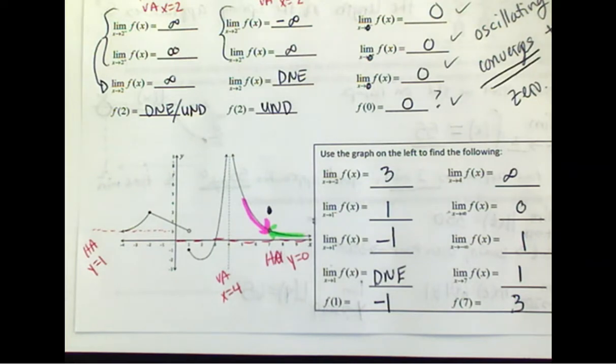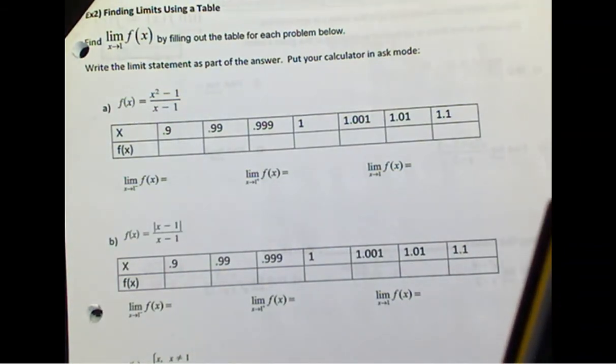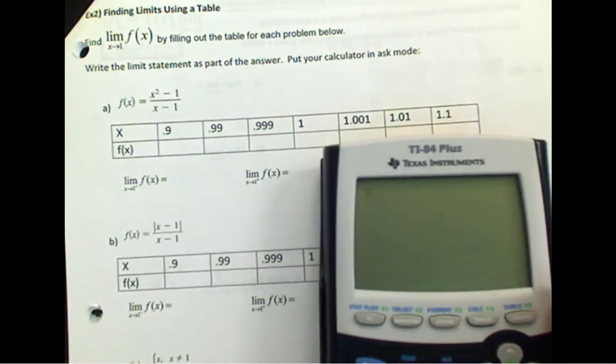This is where you're going to need your calculator. You may or may not know what that graph looks like, but it doesn't matter. Now, there are 2 ways to do this.